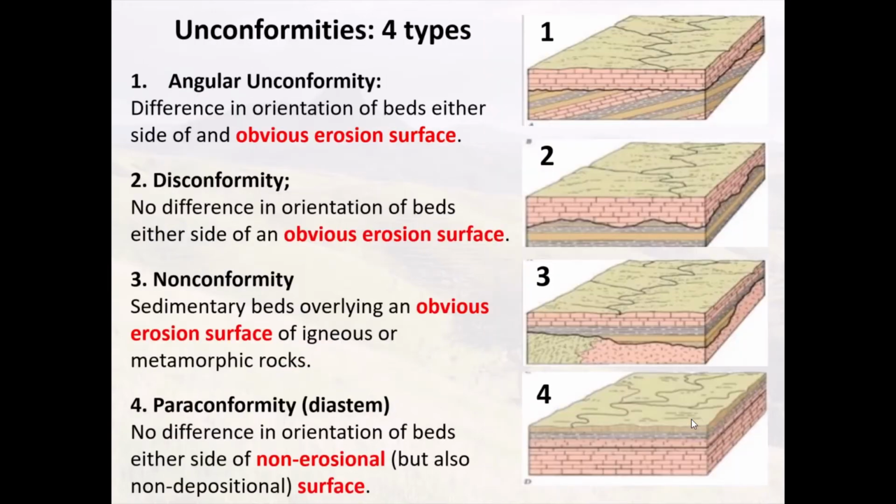But there are other types of unconformities. The first type listed here is those angular unconformities where we have that difference in orientation of the beds either side of the unconformity. We can see that obvious erosional surface.